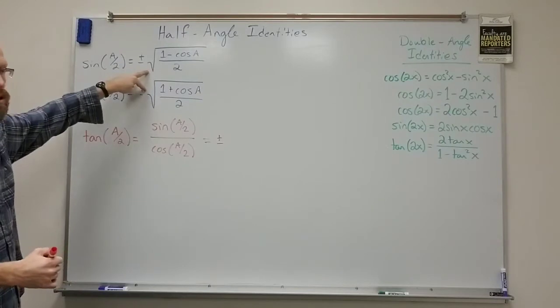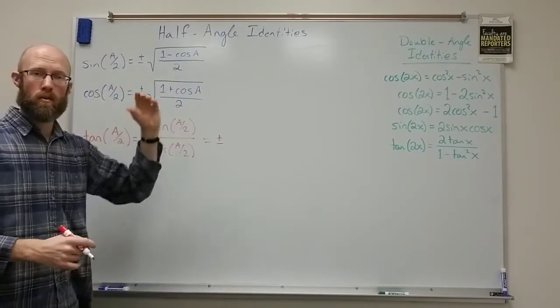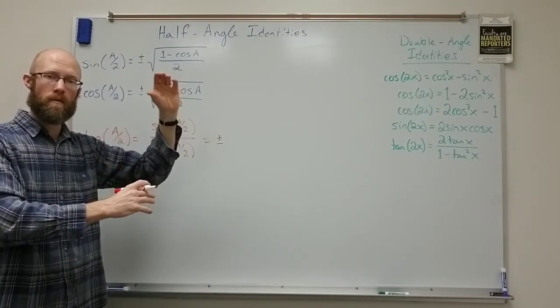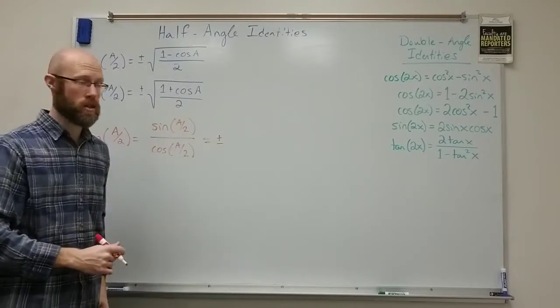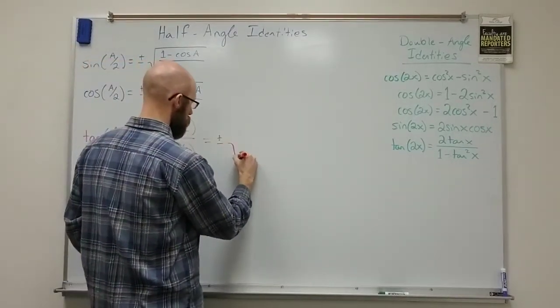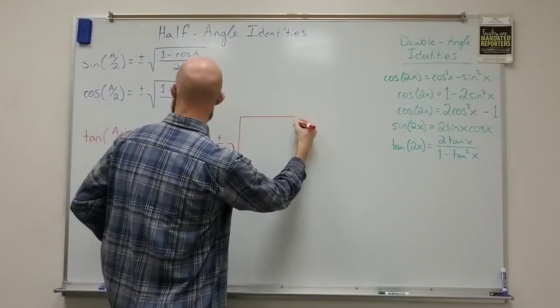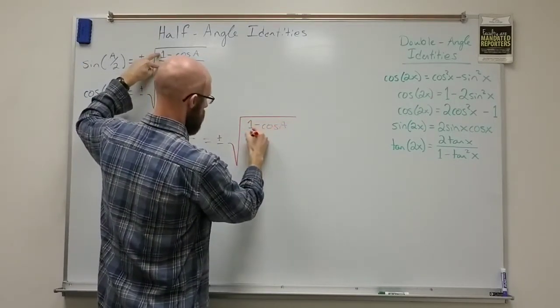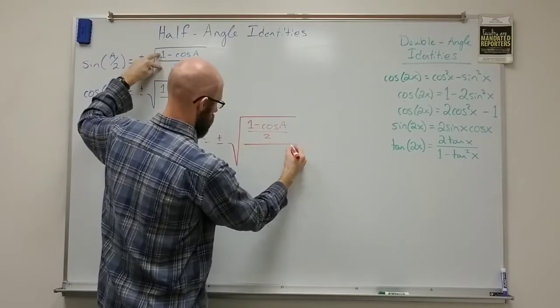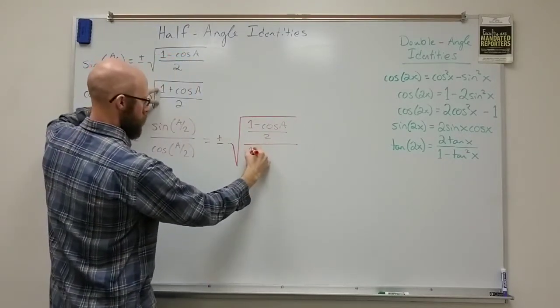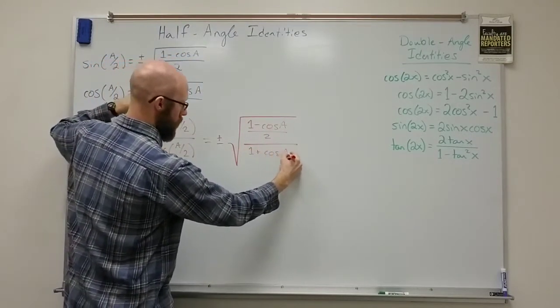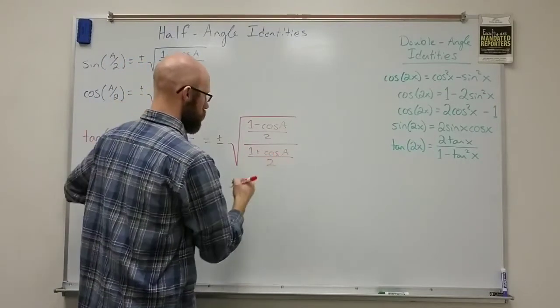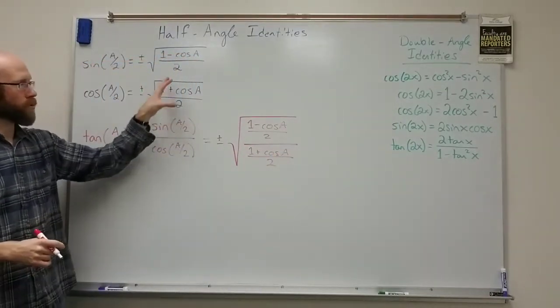When you divide 2 roots, a root divided by a root, you can combine them as one fraction. So this could be the square root of the top, 1 minus the cosine A over 2, all over 1 plus the cosine of A all over 2, right? So I can put them both under the same root.